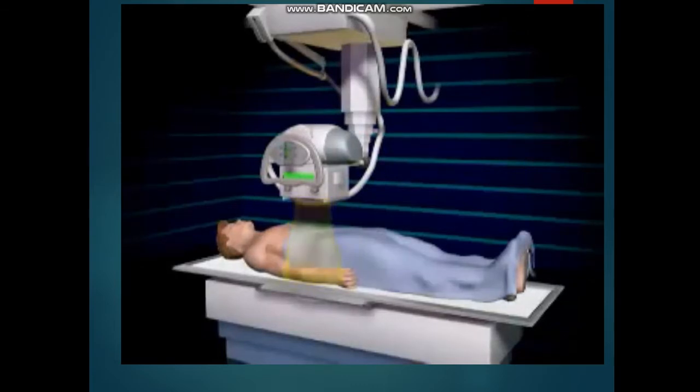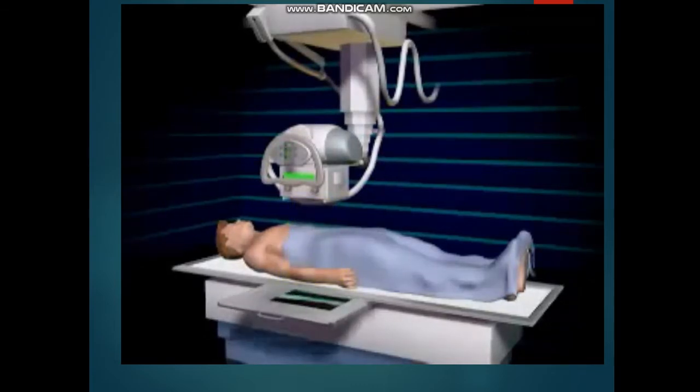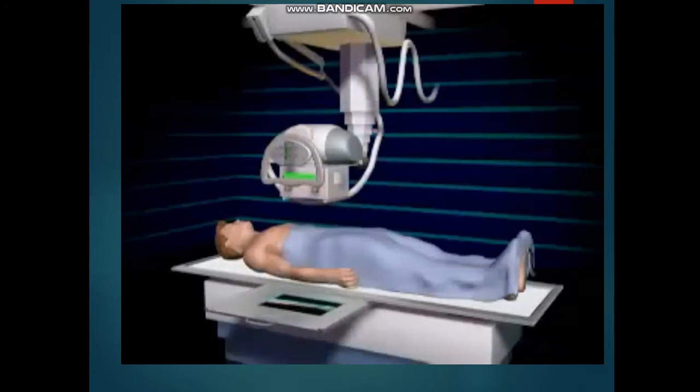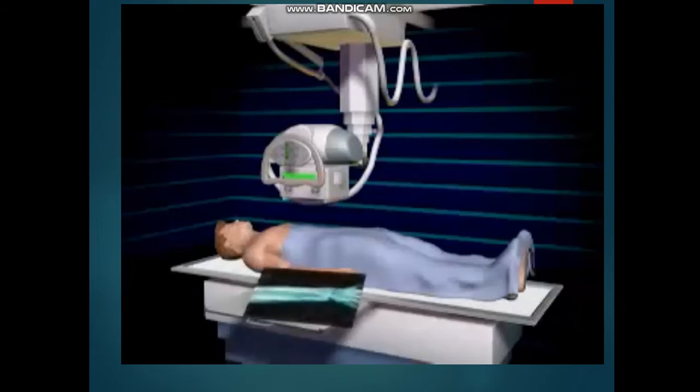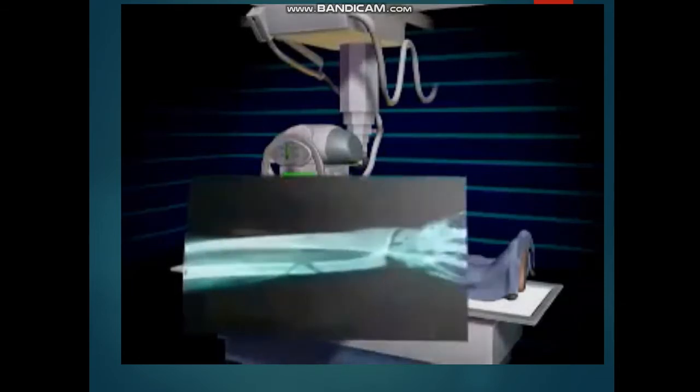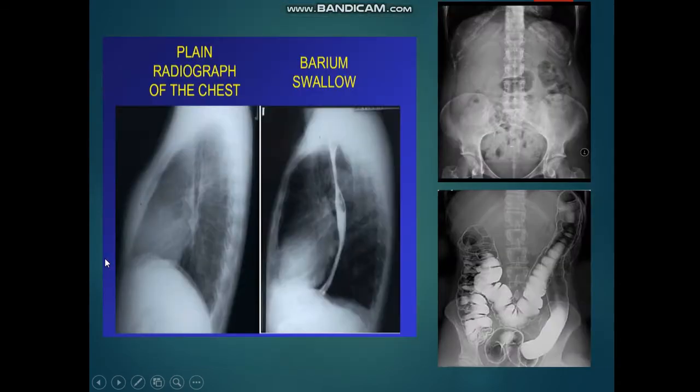As you can see here in this produced X-ray image, bones appear as white points because they are high-density structures, but soft tissue appears as dark points.